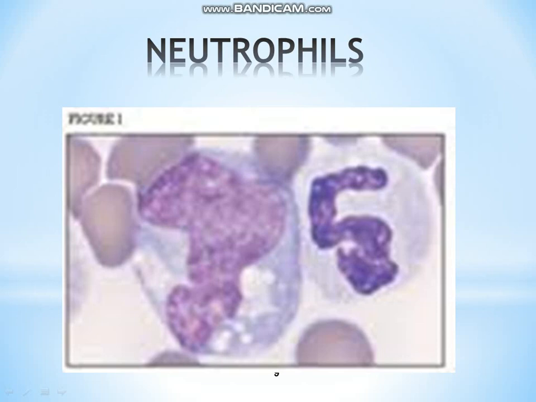Neutrophils have granules which are neutral in character and accept the color of both eosin and methylene blue and are visible as reddish blue granules. These neutrophils are markedly increased in acute infections, acute appendicitis, rheumatic fever, chicken pox, and some specific types of hemorrhages, whereas physiological neutrophilia may be seen after exercise.